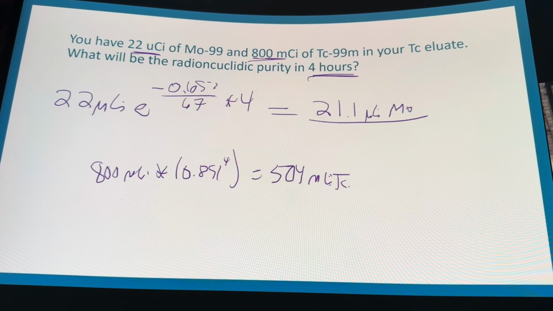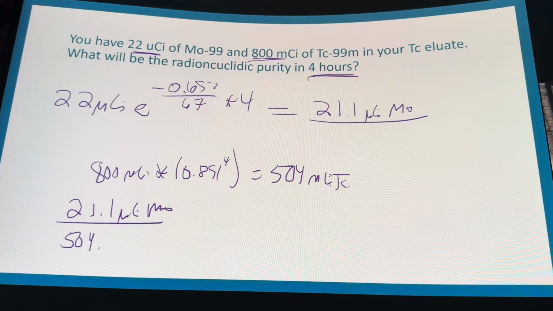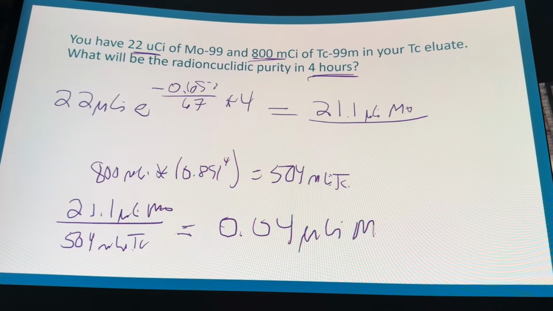So I just do my ratio, 21.1 microcuries of moly over 504 millicuries of tech, 21.1 divided by 504. In 4 hours, my ratio is 0.04, and again my unit is microcuries of moly per millicurie of tech.